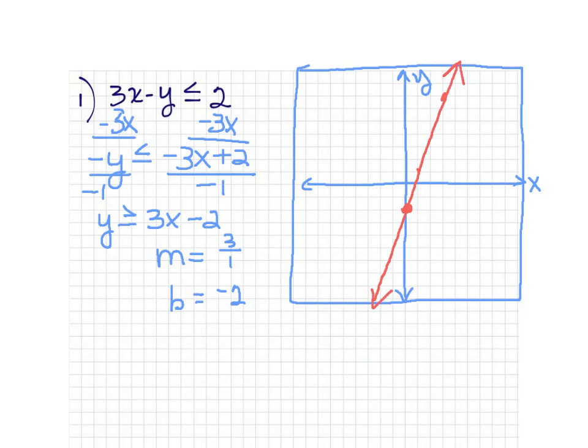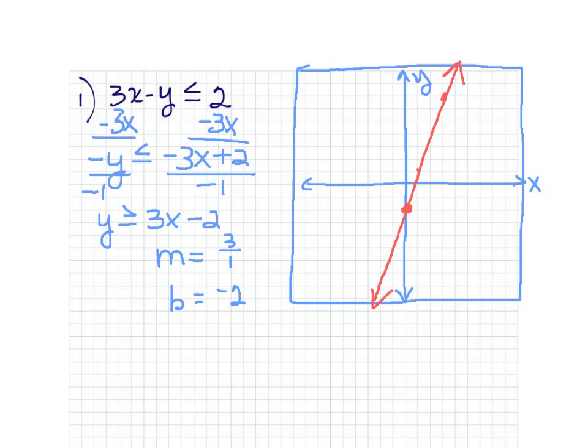All right. So now if you notice, the square that I drew is divided into two parts by that red line, by that boundary. One part is going to be all of my solutions, which I'm going to shade. The other part is going to be all of my non-solutions, which I'm not going to shade.